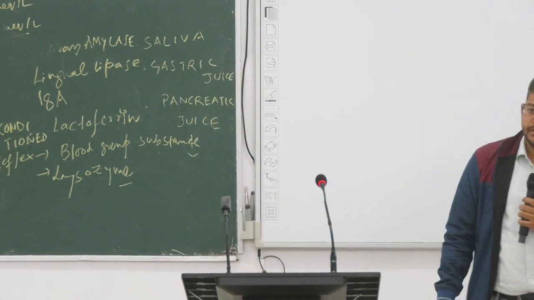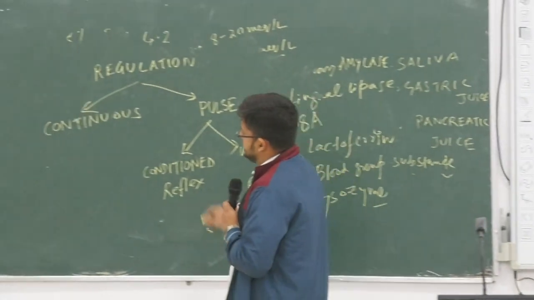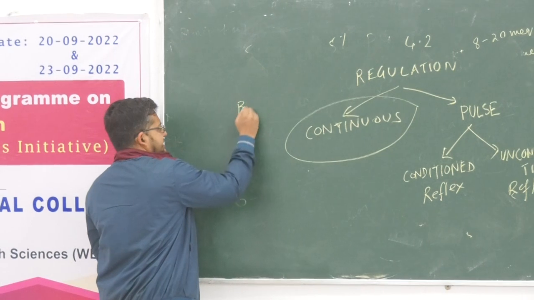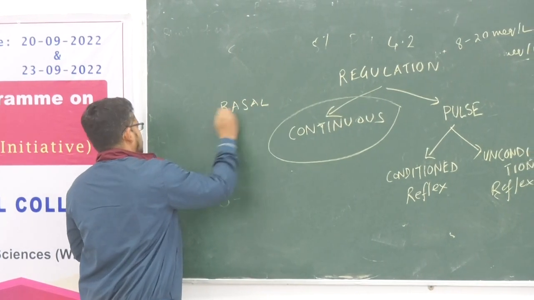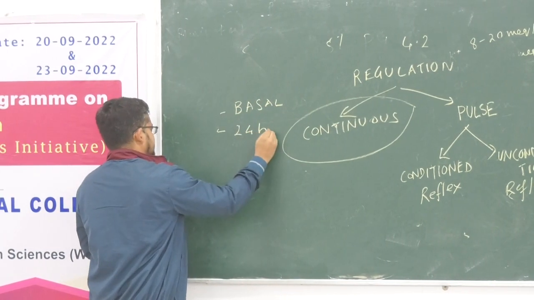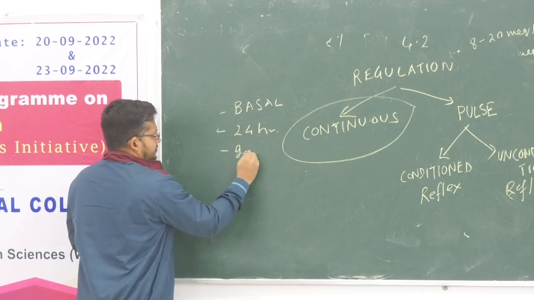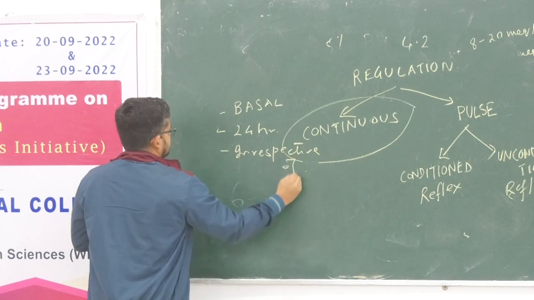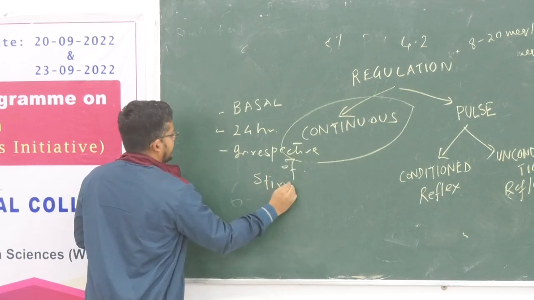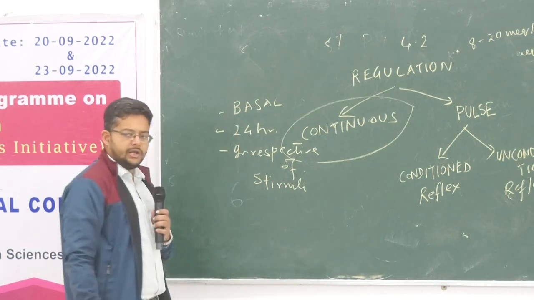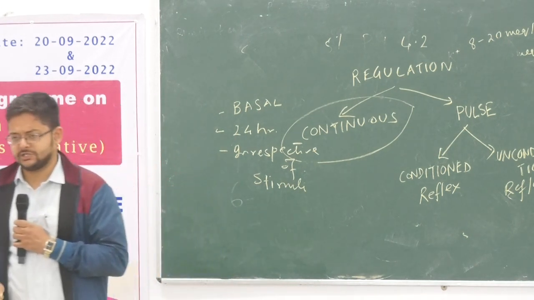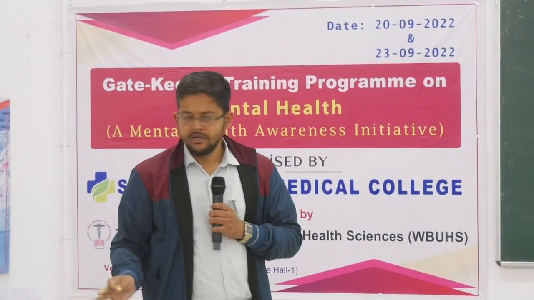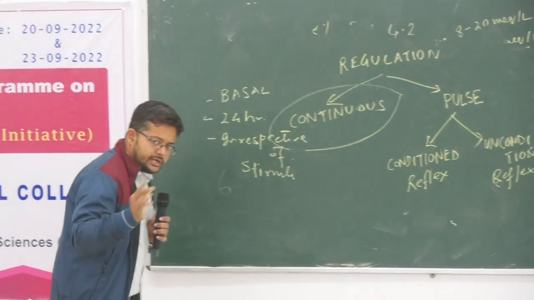Okay, ready? So continuous secretion, as I have already mentioned, this is the basal secretion. This happens overall 24 hours. It is irrespective of stimuli. So if you have food, you don't have food, you are shouting, you are not shouting, you are inside a smoky room, you are not inside a smoky room, you are chewing now or not, it will be there. How does it happen?